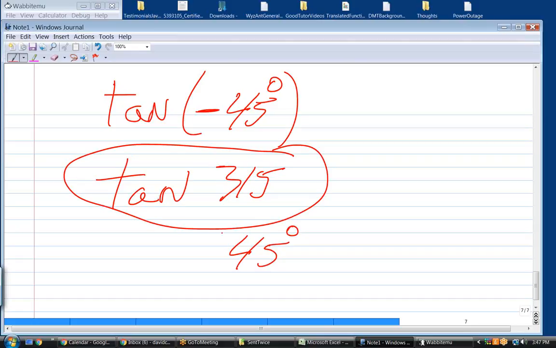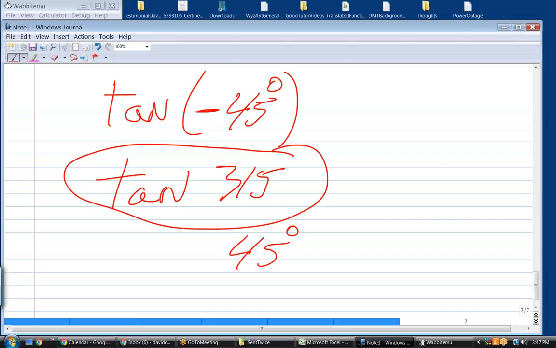In other words, I did this in 2 steps, okay? I was wrong. 315 is not the reference angle. 315 is merely coterminal with minus 45, meaning a multiple of 360 away from it, added or subtracted.